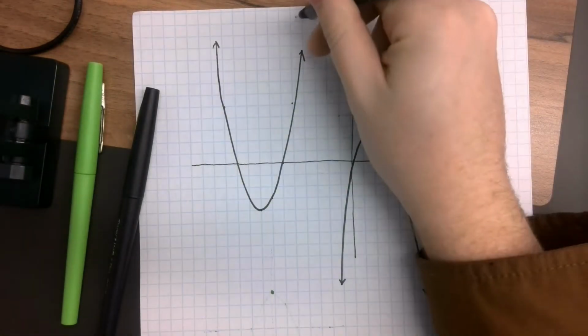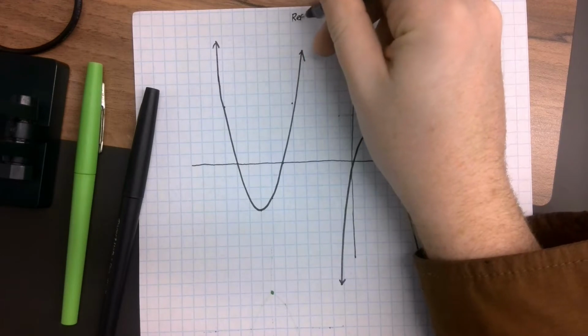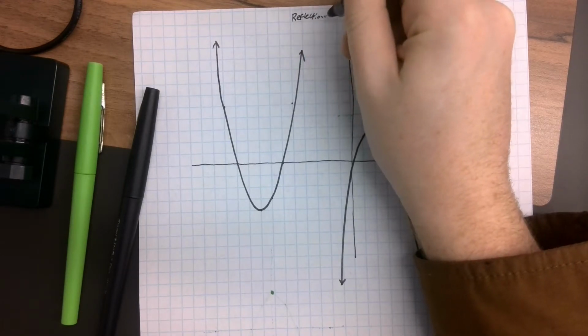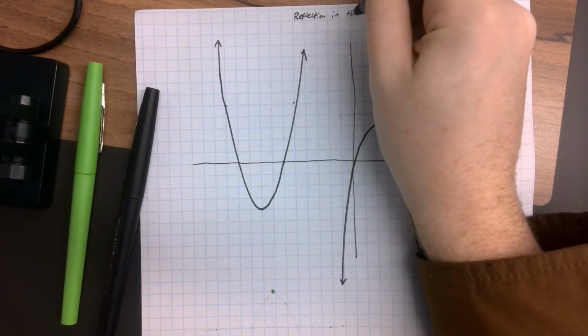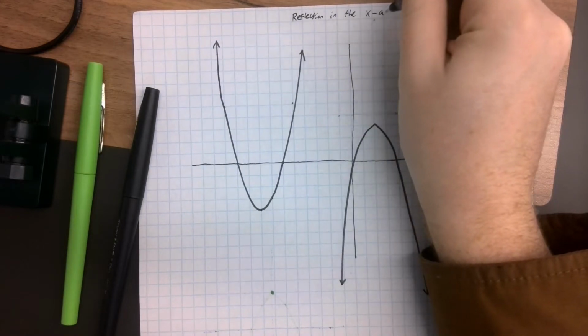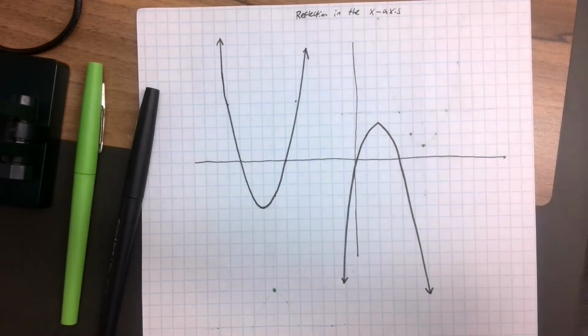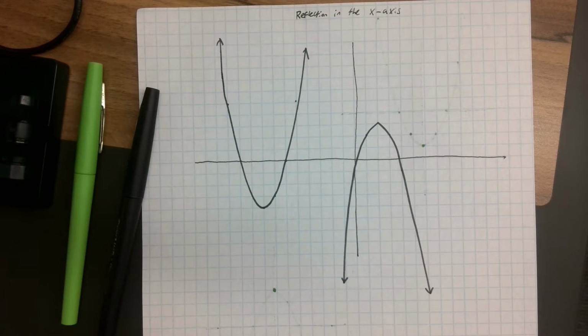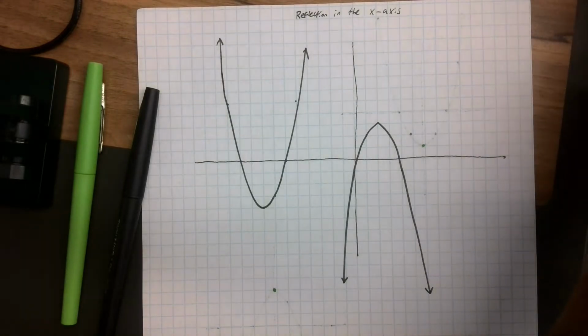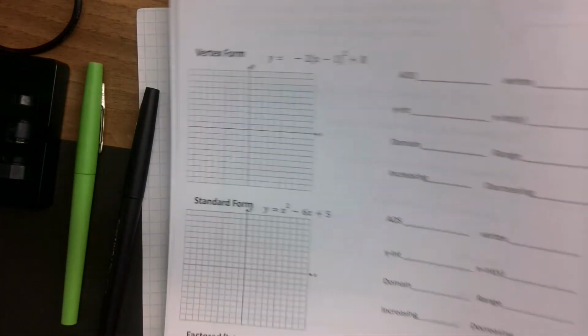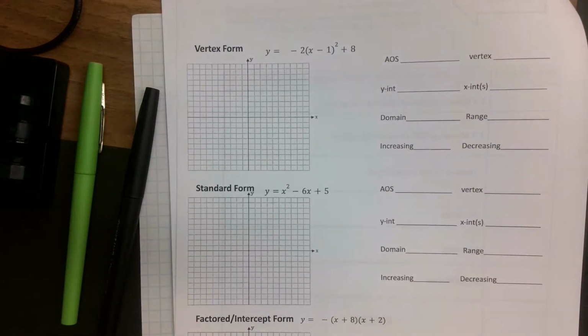That transformation is a reflection in the x-axis. When it comes to reflection in the x-axis, remember that we are just making the entire thing negative. So, for instance, a great example of this would be our first problem here.